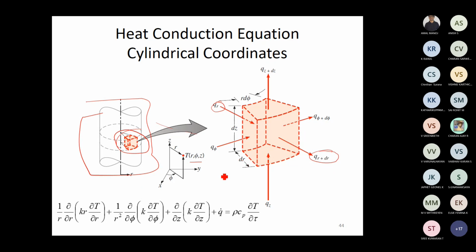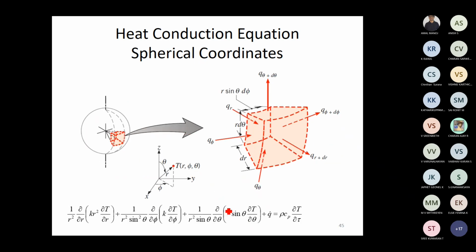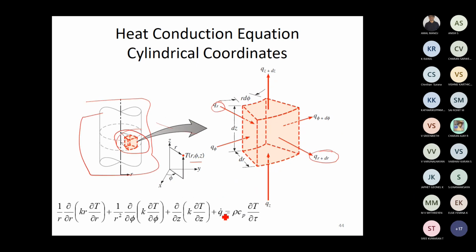So again, applying the energy balance equation, E in minus E out plus heat generation is equal to the heat stored, you will end up with this equation of heat conduction for cylindrical coordinates. So this is the equation for cylindrical coordinates.